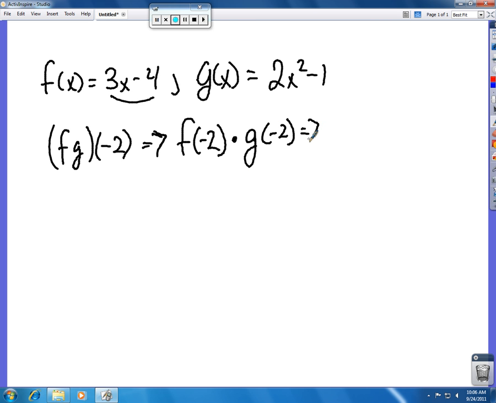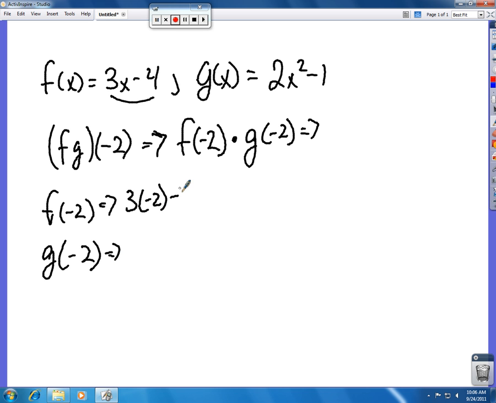Now let's do the legwork down here. We're going to take negative 2 and plug it in for x in the function f. So we have 3 times negative 2 minus 4. 3 times negative 2 is negative 6. Negative 6 minus 4, we have negative 10.